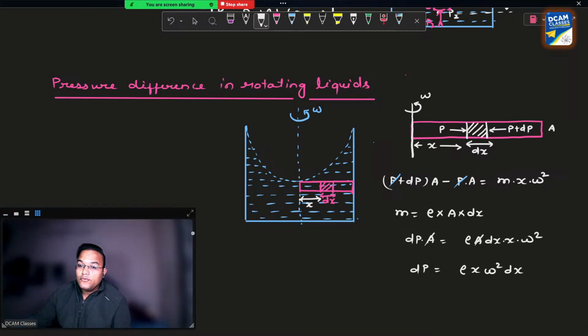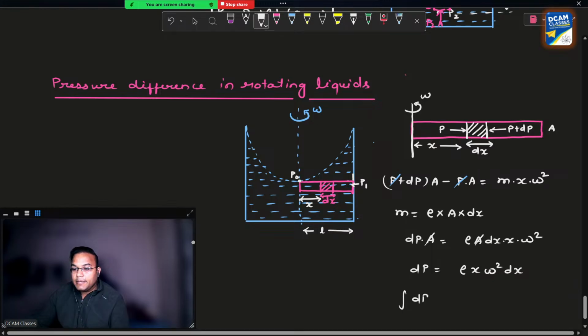Now if we want to find out the pressure difference from one end, say here it's P naught, say here the pressure is P1, we will have to integrate this from P naught to P1. Let's say the length of this container is L from the center to one side.